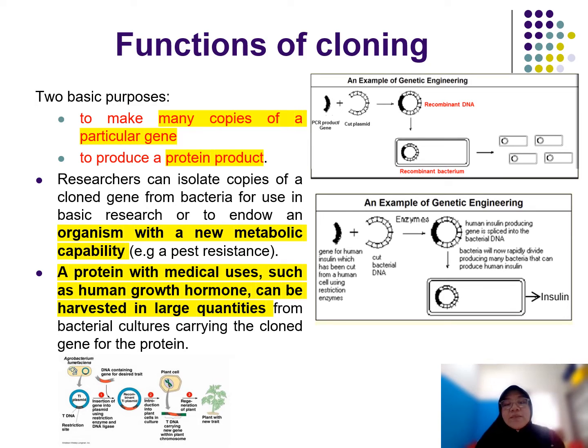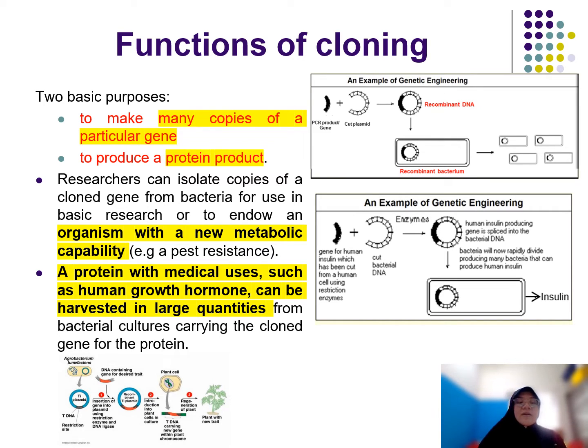So an example of genetic engineering from this picture, as you can see here, this is the gene of interest. You bind it with the plasmid of the bacteria and produce the recombinant DNA. The recombinant DNA will be inserted inside the host, the bacteria again, and then the bacteria will multiply, producing a clone of bacteria with the specific gene.